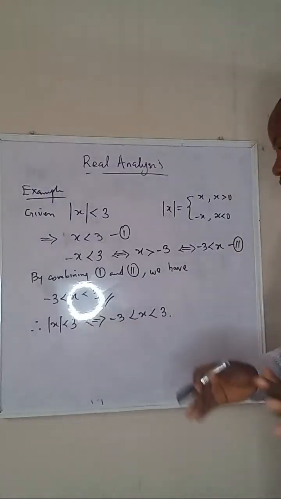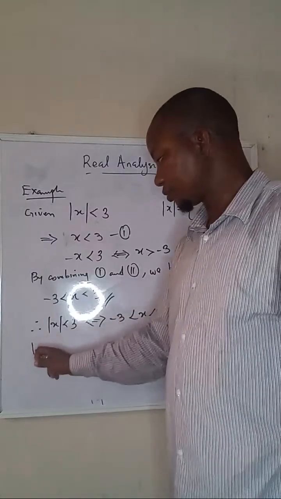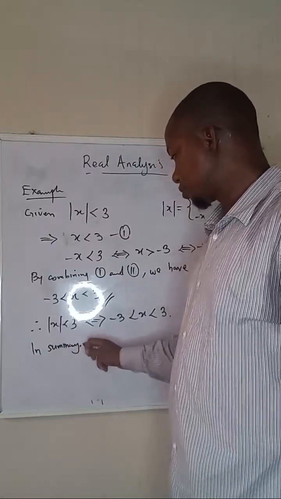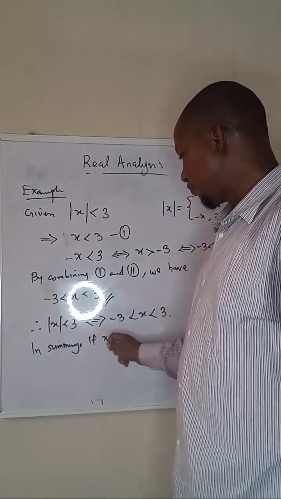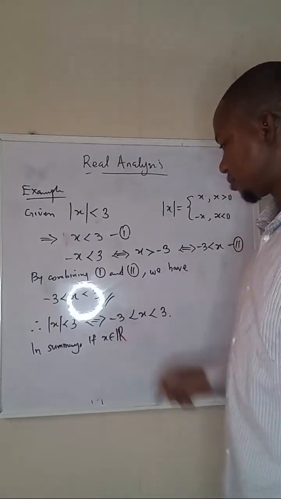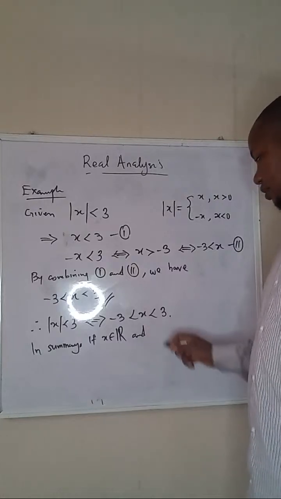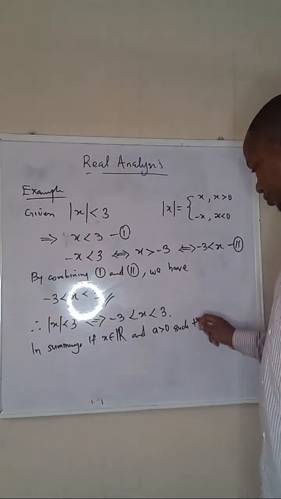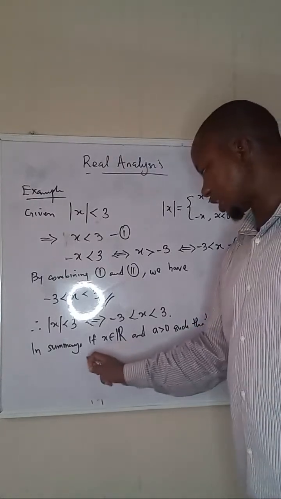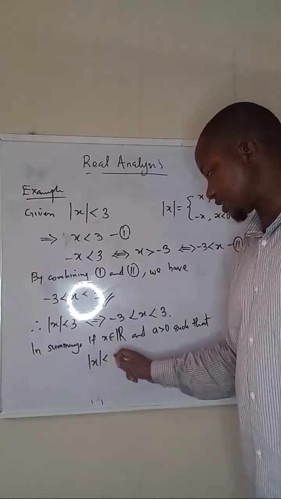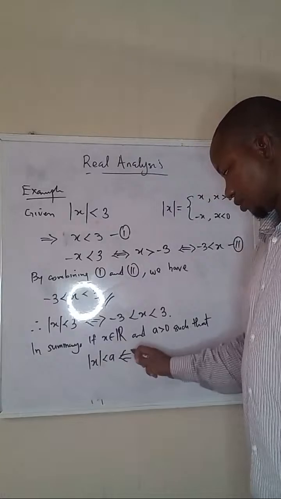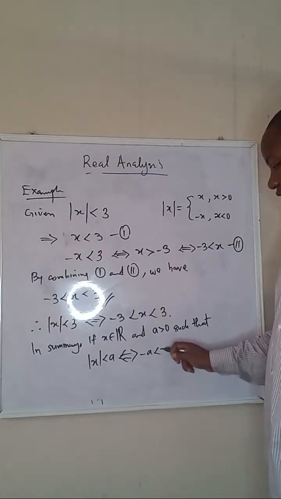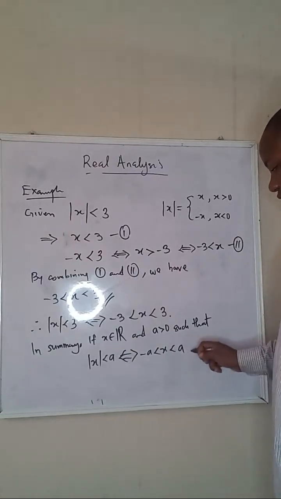So, in summary, if x is a real number and a is a positive number such that the absolute value of x is less than a, by virtue of this example, what it means is that minus a is less than x and x is less than a.